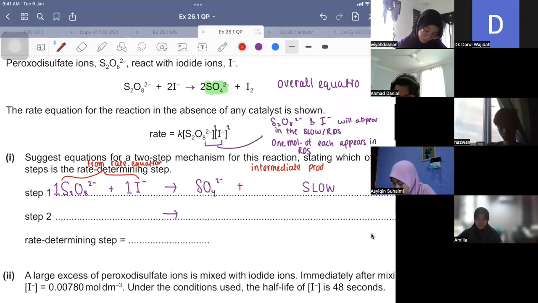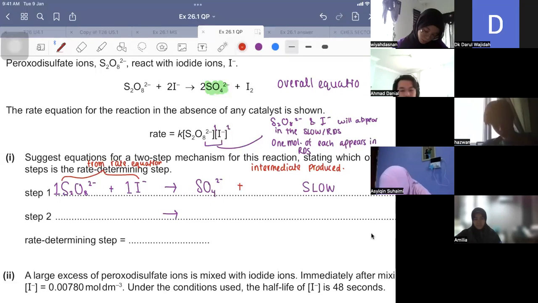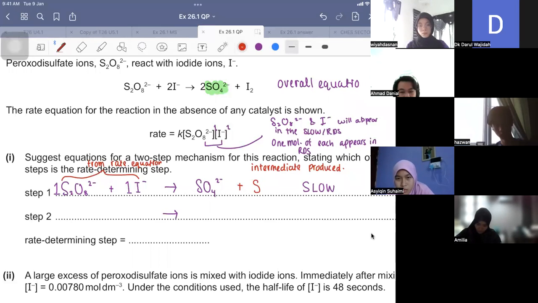Now, how do I predict or guess my intermediate? Basically, I just have to balance the equation. On the left side, I've got 2 sulfates. On the right side, I've only got 1, so I need another 1. On the left side, I've got 8 oxygens, so on the right side I will need another 4 oxygen.